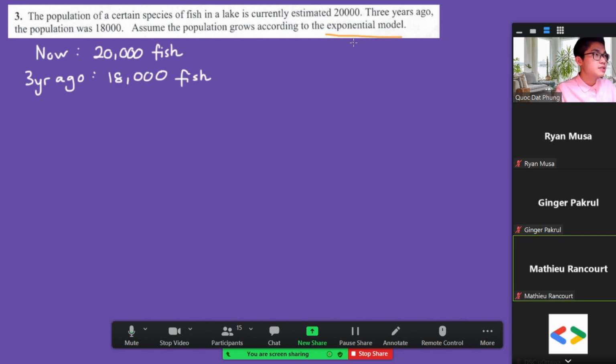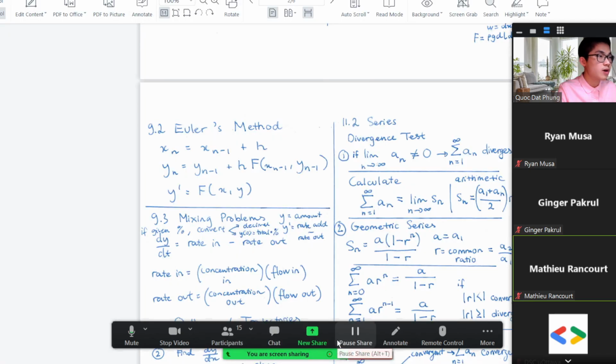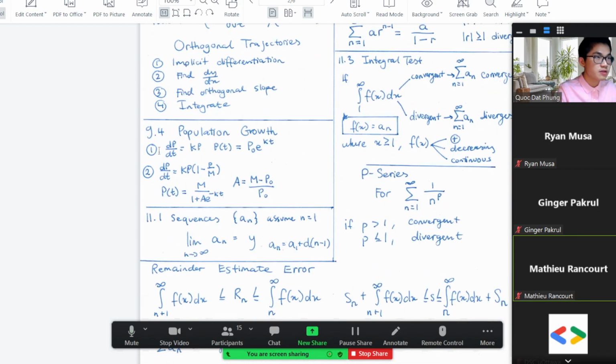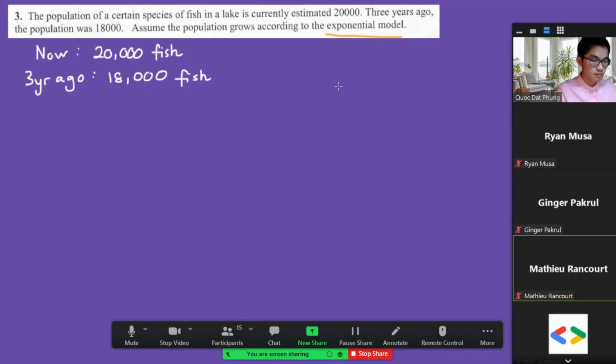So where does that formula come from? Well, it comes from down here. That's going to be the first one. We have P(t) is equal to P0 e to the kt. P0 is the number of fish at the moment, so the now.